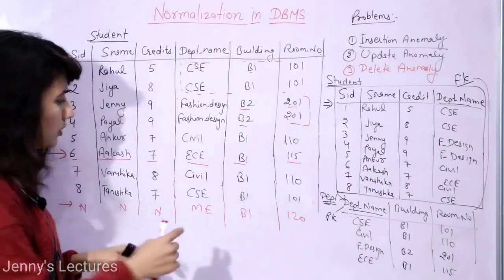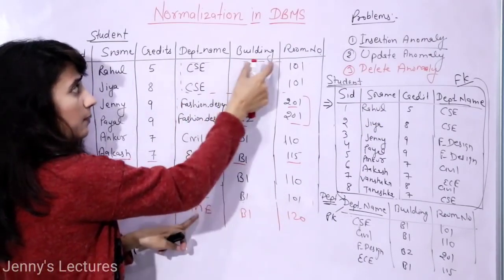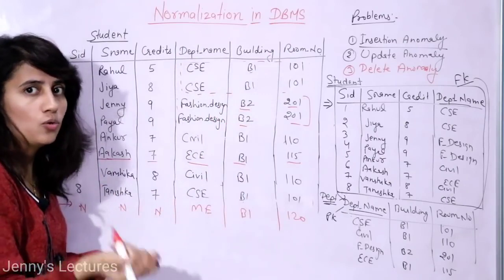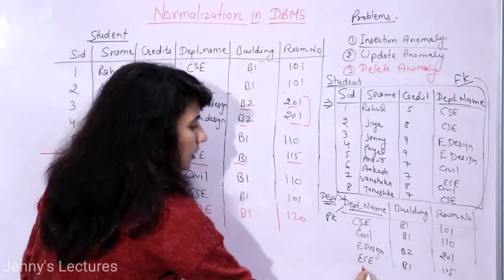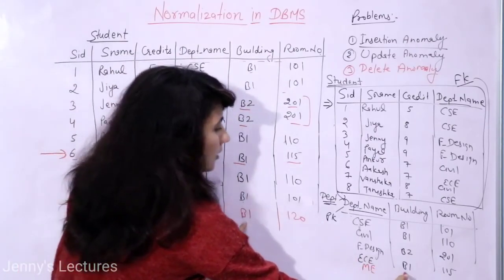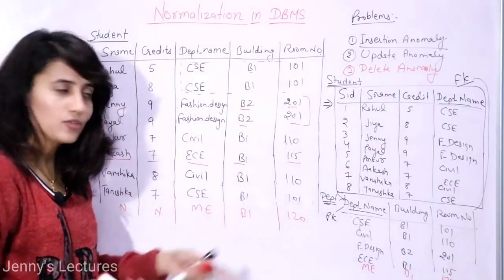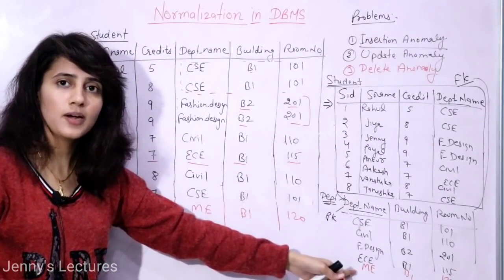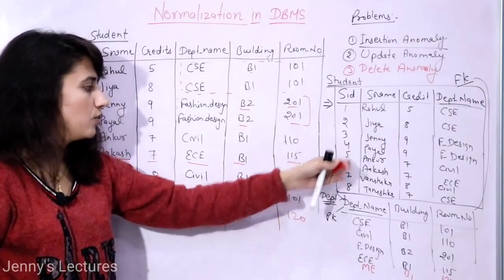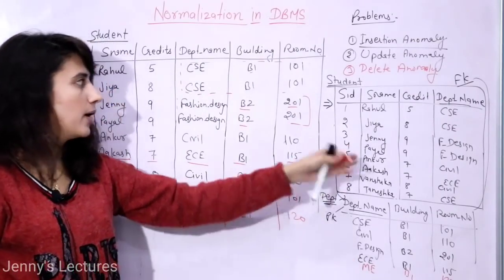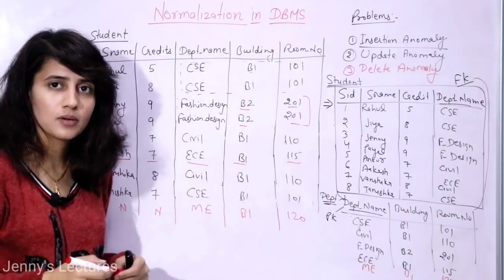Now what about insertion anomaly? Now suppose I want to insert any department information. So no need to do anything, directly you can insert this information, mechanical, B1 and 120, right? Obviously we can insert the information in this department table, no need to insert any information regarding this mechanical department in this student table, right?